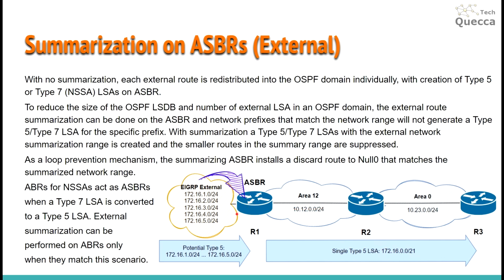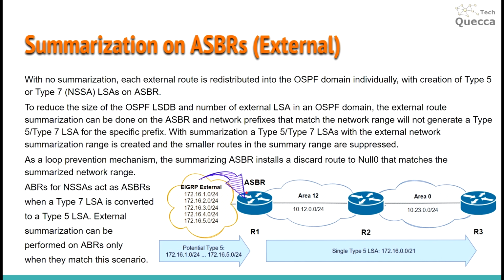If R2 needs to send any packets to address 172.16, let's say 6.0, which is in this range but is not present on R1, it will send it to R1. R1 doesn't have it in its routing table, and it has a default route pointing to R2. It will send it back to R2, and R2 again sees this summarized route and sends it back to R1. But OSPF creates a discard route to null interface, and in that case it will just drop this packet and will not create a loop.